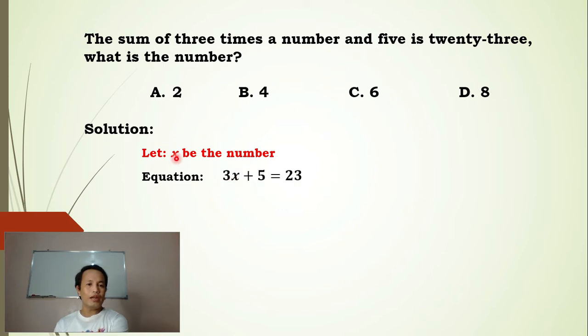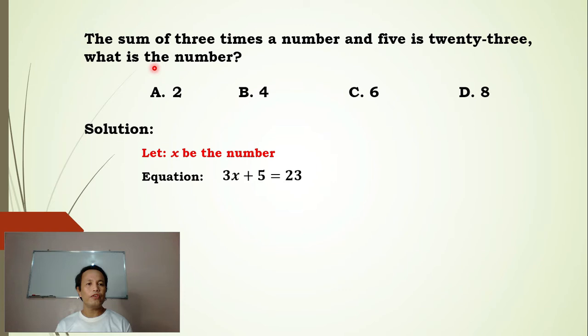Since our number is x, we have here 3 times our number, which is x. Then since this is the sum of 3 times a number and 5, we have 3x plus 5. Then "is" denotes equal, so we have 23. Therefore, this is now our equation translated from the worded problem.